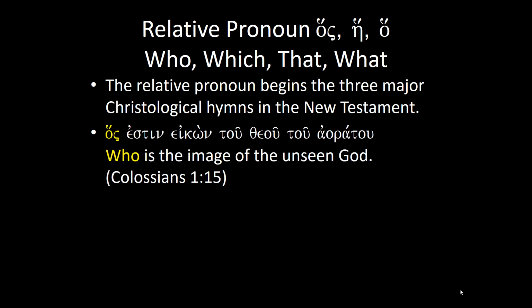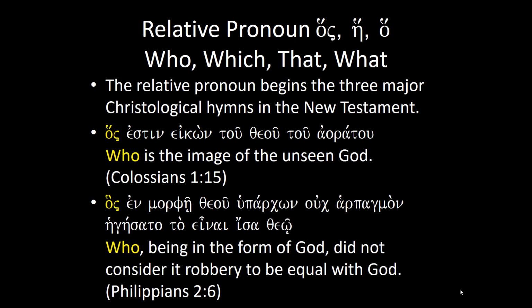So we have one in Colossians 1. It begins in verse 15. Hos estin eikōn tou theou tou aoratou. Who is the image of the unseen God. Now sometimes you can even translate this relative pronoun simply as a pronoun, he. So some translations may put he is the image of the unseen God.